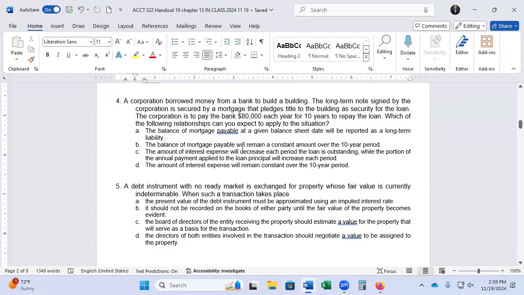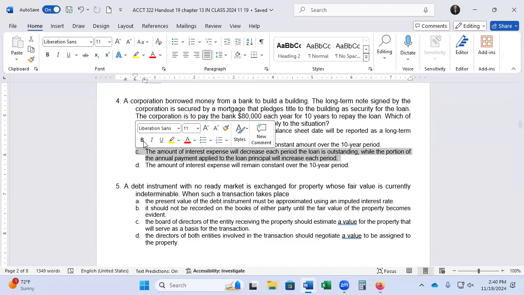Initially, those payments go mostly to interest, but as the principal comes down, the interest is decreased and decreased, and more of your payment goes towards principal. And so the mortgage does not remain the same. The amount of interest expense will decrease each period the loan is outstanding, while the portion of the annual payment applied to the loan principal will increase each period. That is correct.